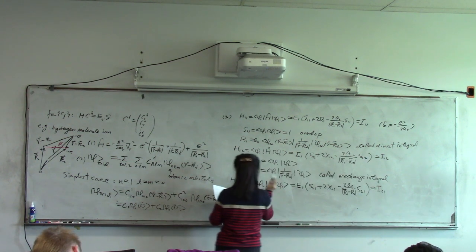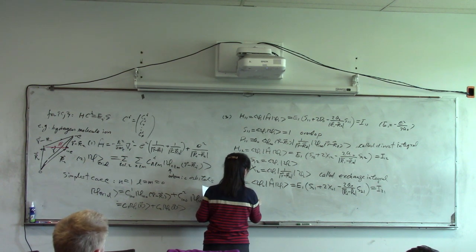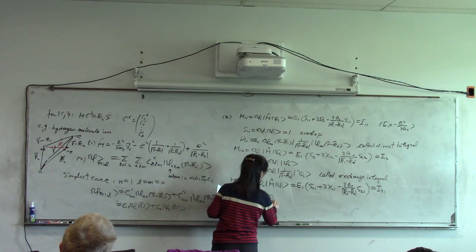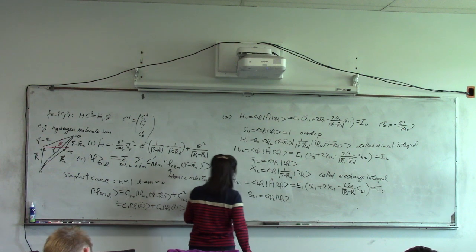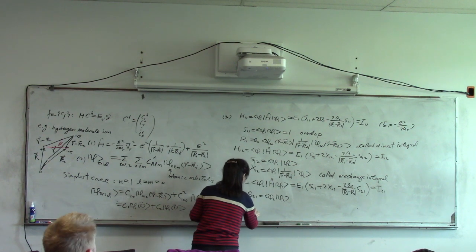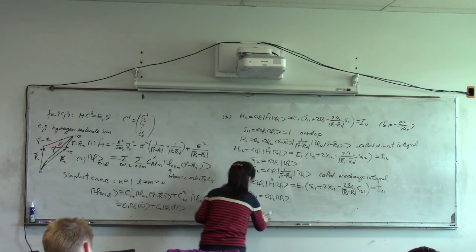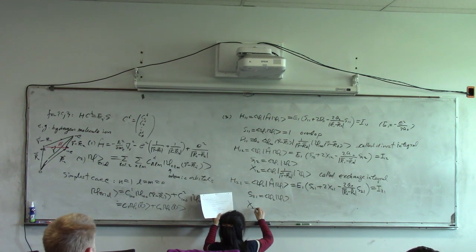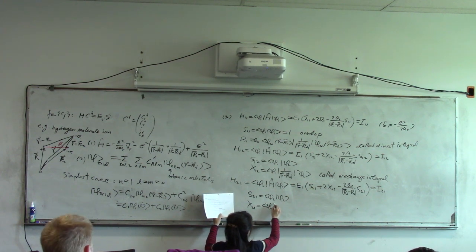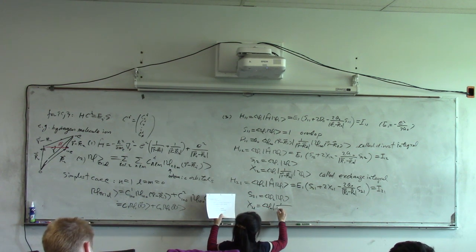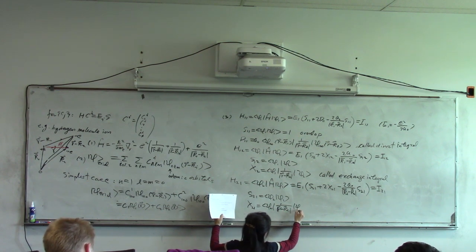So here again, S21 is the overlap, and X21 is also another exchange integral between Z2 and Z1. It is Z2 and 1 over R minus R2, Z1.